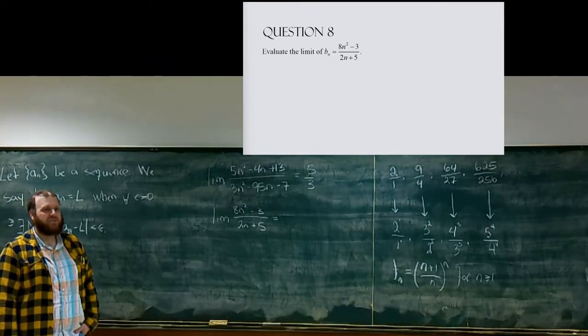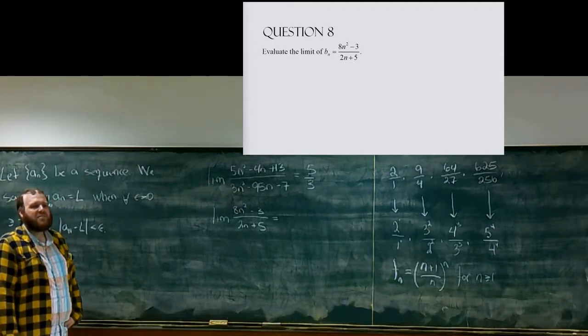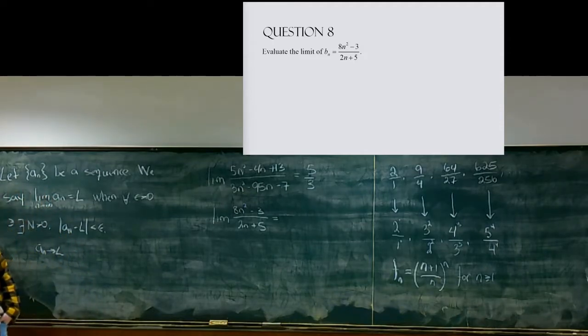Subtract 3. Is there really going to be a difference? It's a negligible difference, isn't it? 2 times 10 to the 100. Add 5. It's going to be a negligible difference, isn't it?